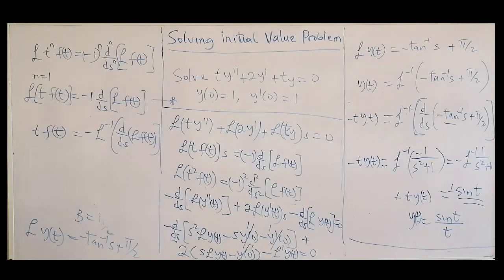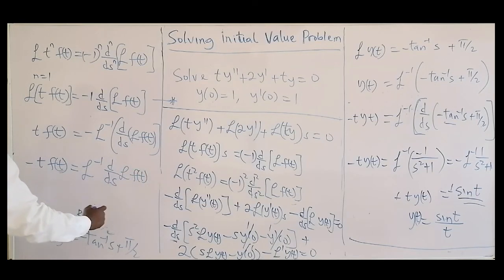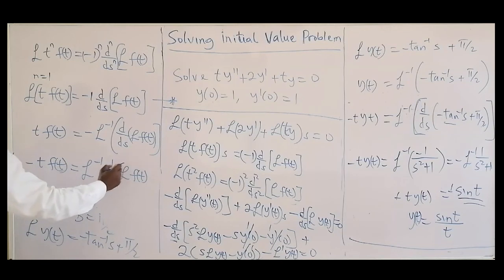Then this minus can go to multiply both sides by minus, so you have minus t f of t equal to the inverse of d dx of Laplace of f of t. And that's what we have used there. You can see minus t f of t is the inverse of d dx of that Laplace. So that's that on that question.